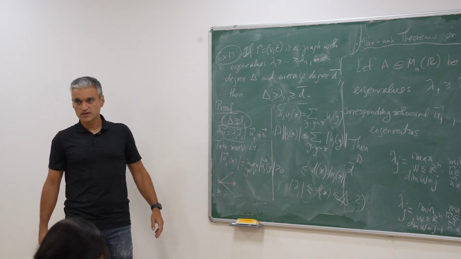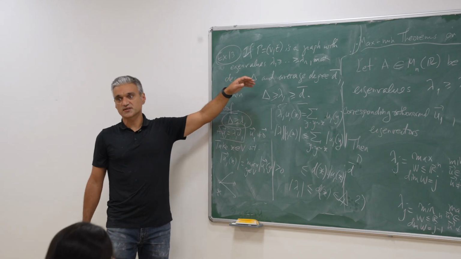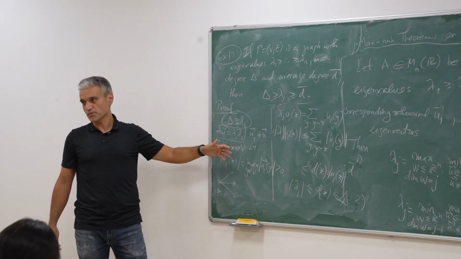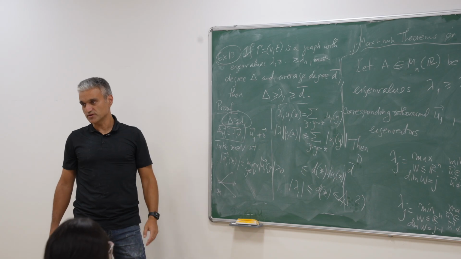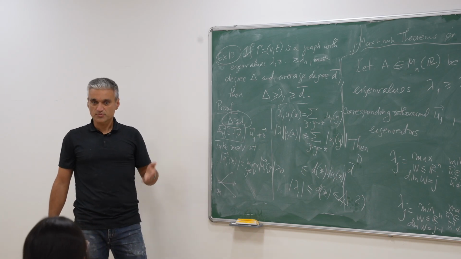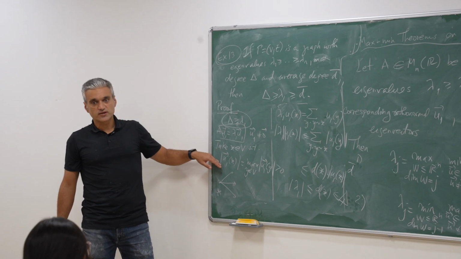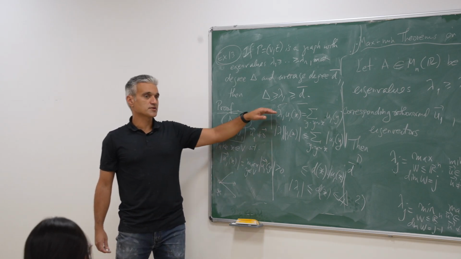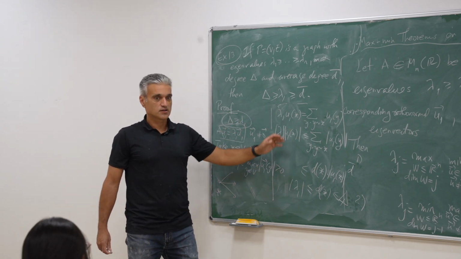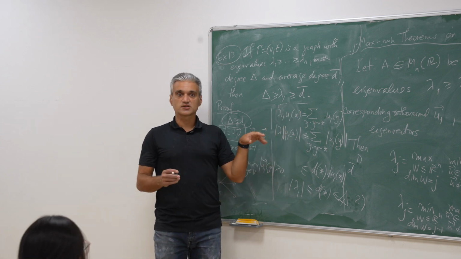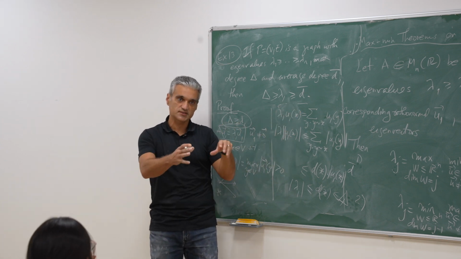If the graph was connected, I could have taken an x where the entry of u1 is the maximum. I forget about absolute value because I have all entries positive, so I don't care. But in general, you just take one where the absolute value is the largest, and then you write the eigenvalue eigenvector equation. And this equation, you see that you have information locally. You have information about the vertex, the neighborhood.